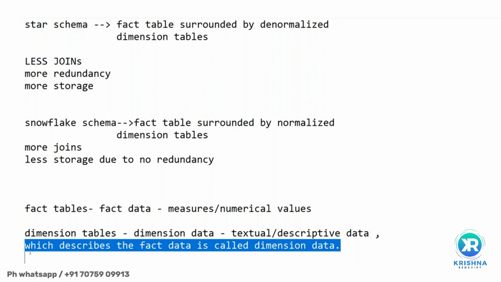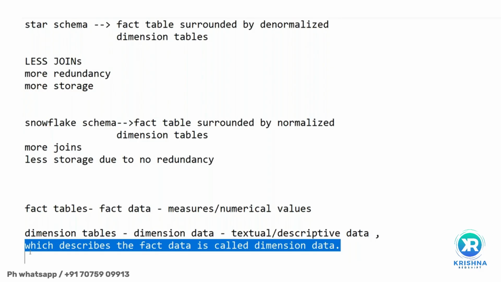Krishna already told that: textual or descriptive data is called dimension data. But what he said wrong is that it also stores textual data and measures, or facts. That's wrong, and it will give a wrong impression, because he is clubbing both of them.